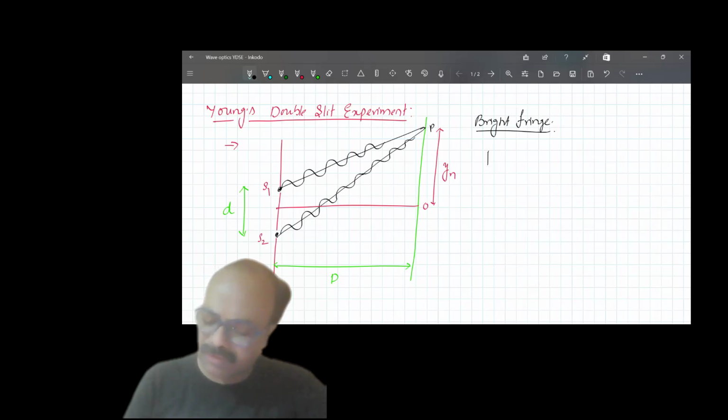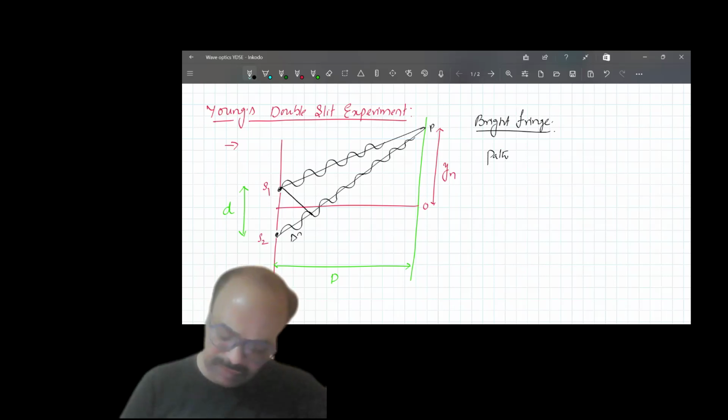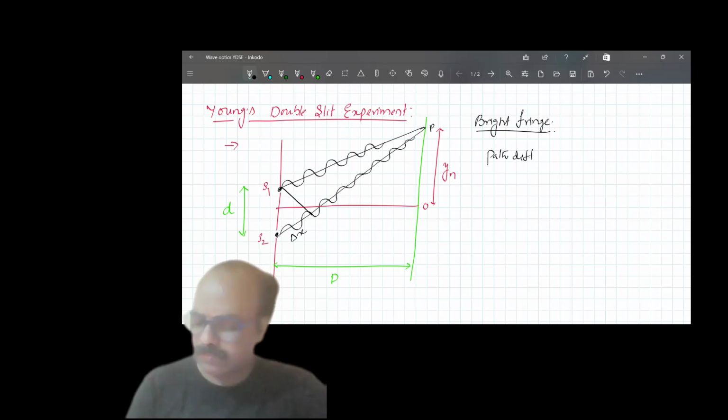Here we have the path difference. This we call path difference delta x. We can write the path difference as S2P minus S1P.